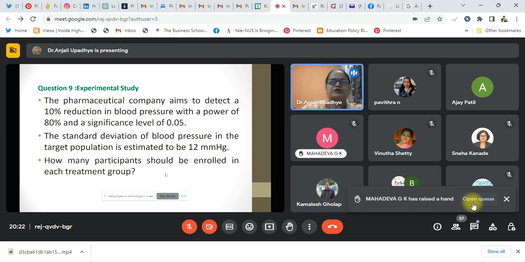The effect size is already given, to detect the 10% reduction. 10% reduction is our effect size. Power is 80%, level of significance 0.05. Go with the standard deviation. You can use the simple formula also here, n equals z square sigma square upon e square. That formula also will go with this example. Or use the G power tool to calculate the sample size.